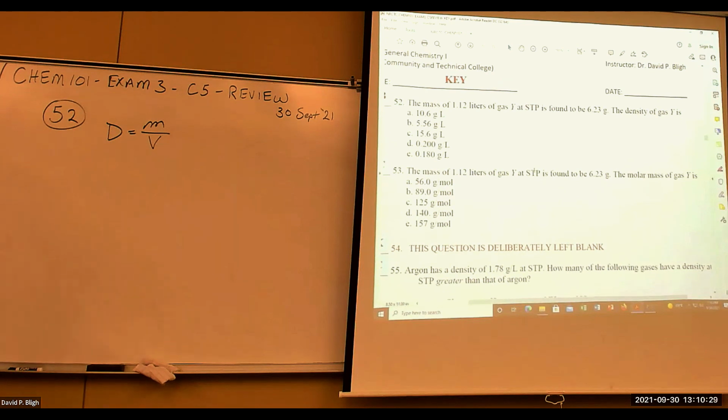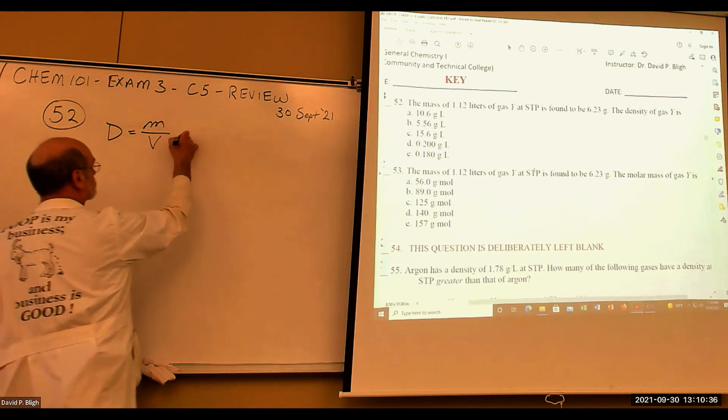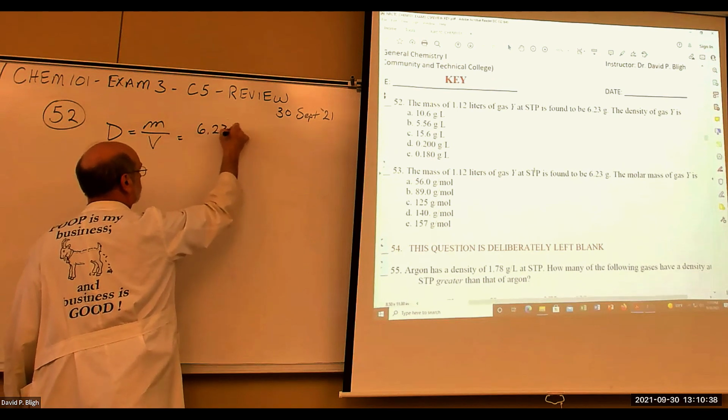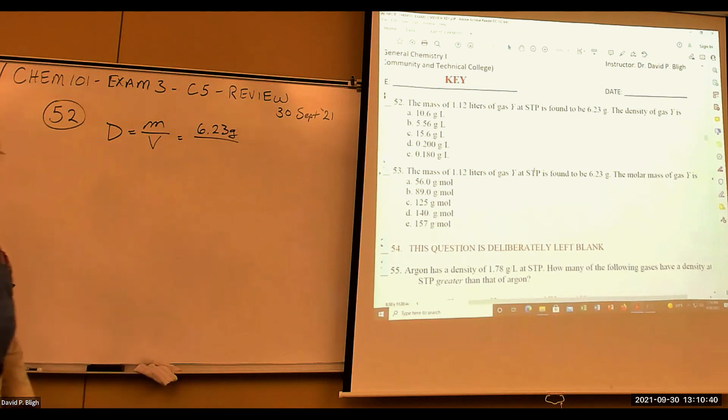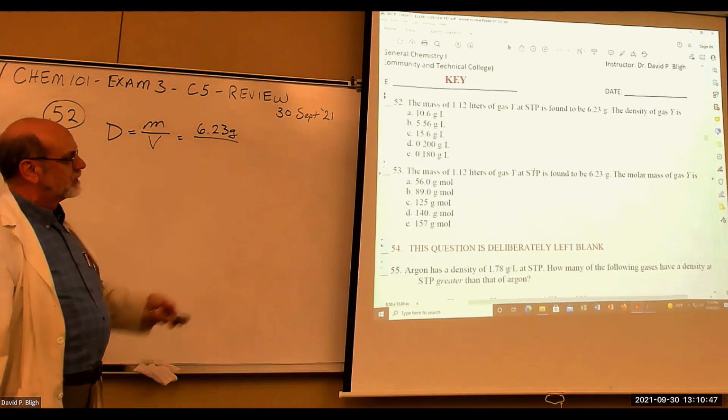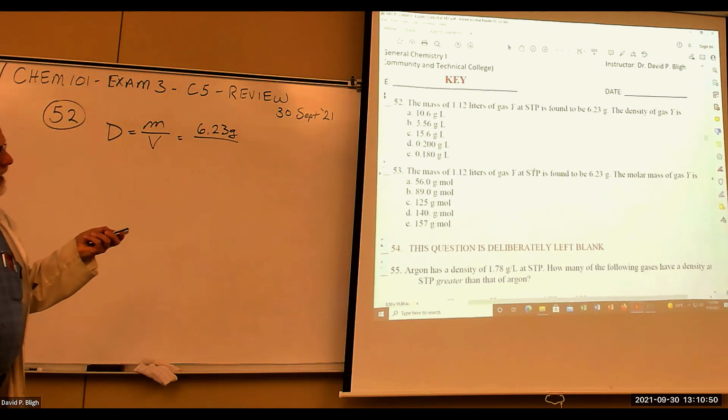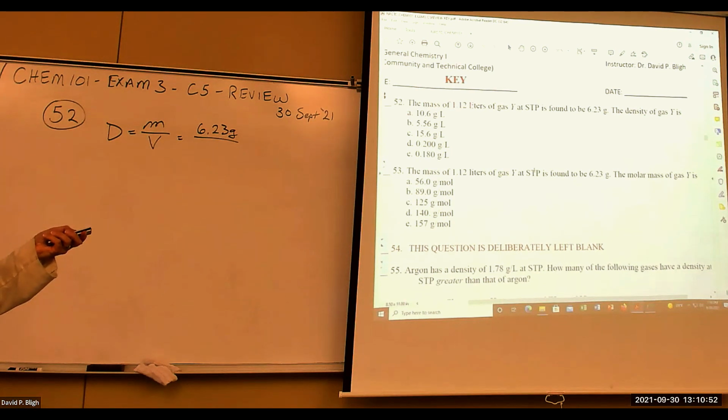Do we know any of that stuff yet? Well, the mass is 6.23 grams. That's not going to change, is it? No matter what we do to that gas, it's not going to change. What we need to do is find out what's the volume. The mass of 1.12 liters of gas at STP is found to be this. What's the density of the gas? Well, that's not as difficult as it looks, is it?